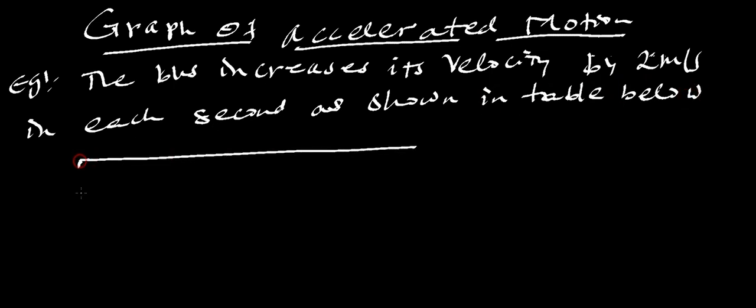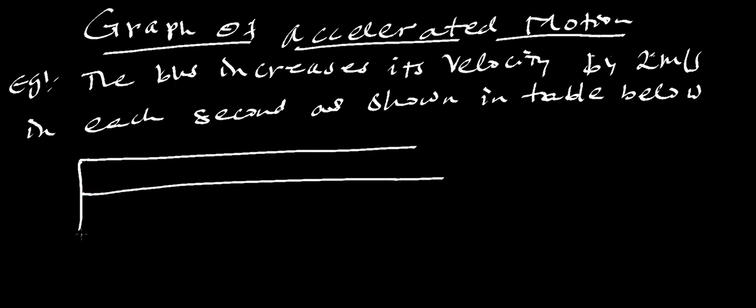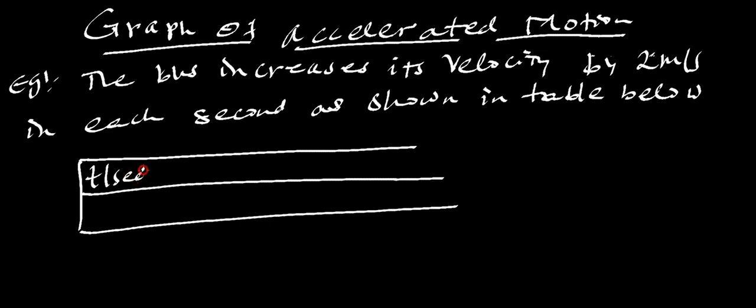Let's say this is the table, and time and velocity are given. Time in seconds, velocity in meters per second.